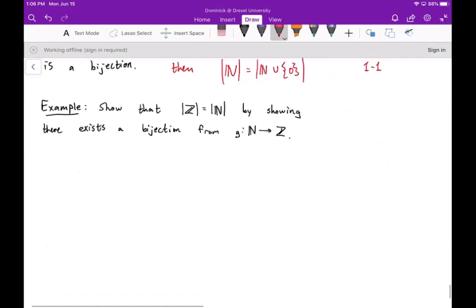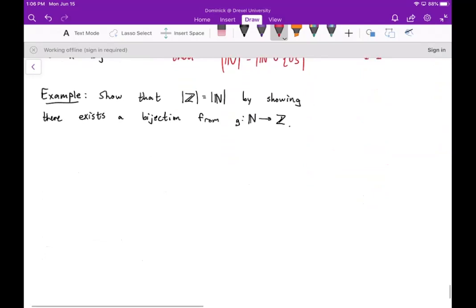So let's do another example. Let's show that the natural numbers and the integers have the same cardinality. This might be somewhat surprising, but let's show that there exists this bijection. What you can do for something like this is look at the natural numbers: 1, 2, 3, 4, 5, 6, and so on.